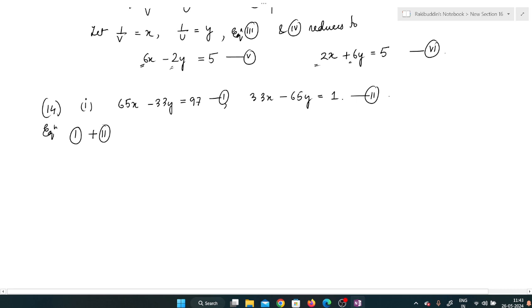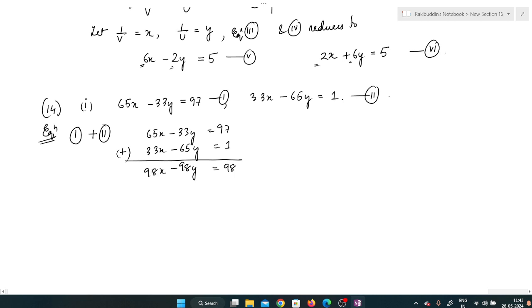If we do equation 1 plus equation 2, it will be like this: 65x minus 33y equals 97, and below it 33x minus 65y equals 1. Now if I add, there is no change in sign, so 97 plus 1 is 98. This will become minus 98y, and this will become 98x.